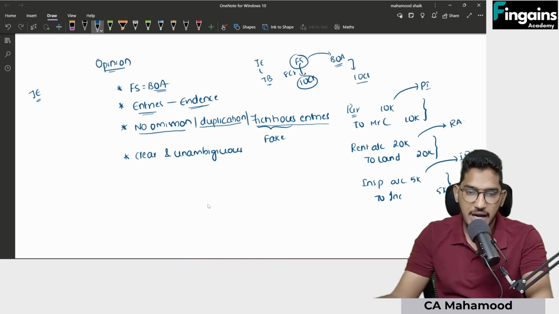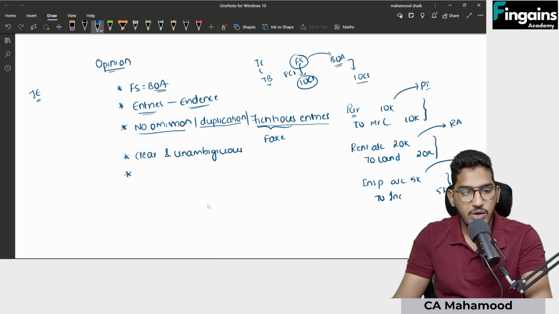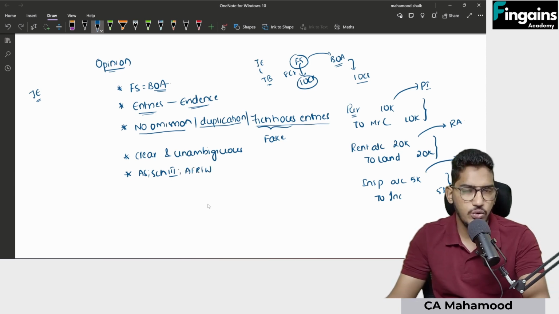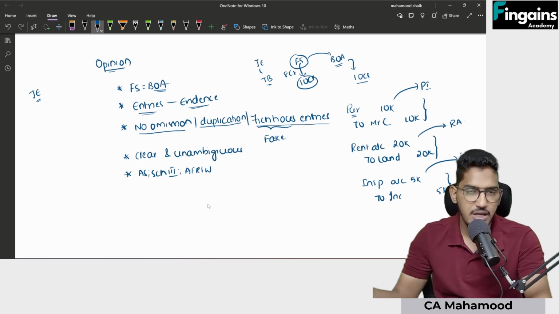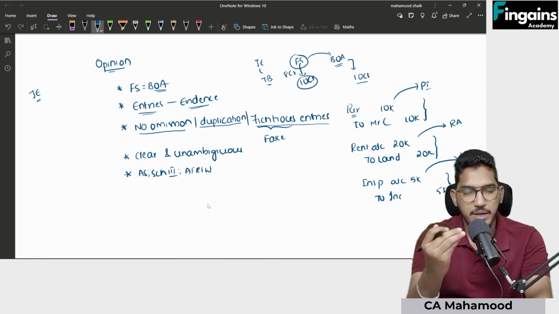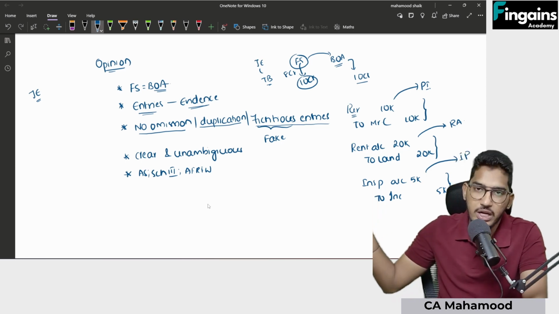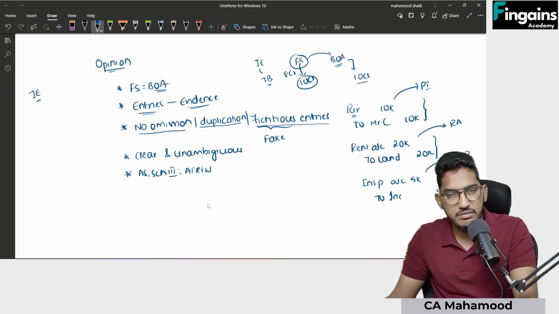Clear, everybody? Apart from that, I also need to check whether accounting standards, Schedule 3 and all other applicable financial reporting framework have been followed or not. One of the basic objectives is to check whether the financial statements are prepared as per accounting standards, as per Schedule 3, and whether they follow all the applicable financial reporting framework requirements.